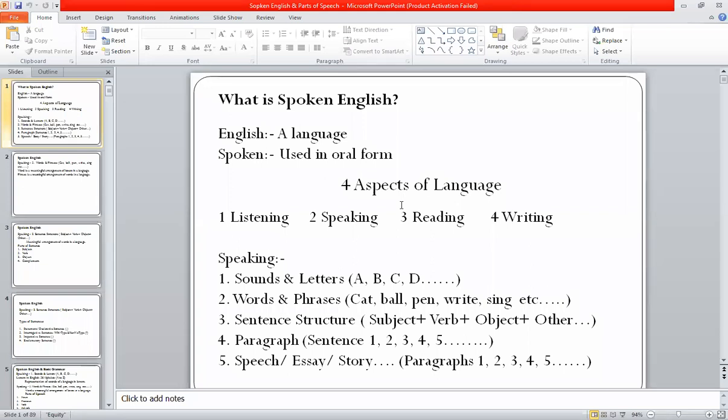So we have learned this English language in this chronological order. First, our teacher used to tell us to write alphabets, practice alphabets by writing them 4 or 5 times a day.